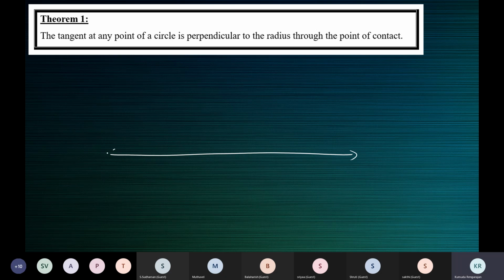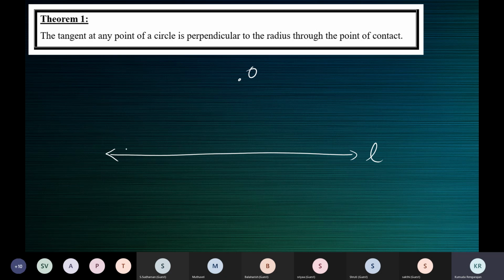Requirements: line L, point O lying outside the line L. What are we trying to understand from this? We are trying to understand the different routes that can be taken to reach the point O from L.